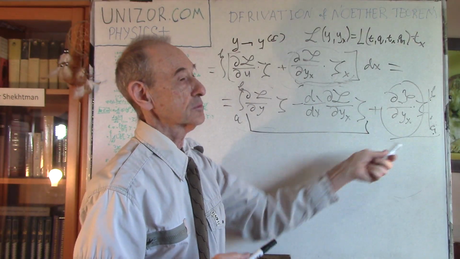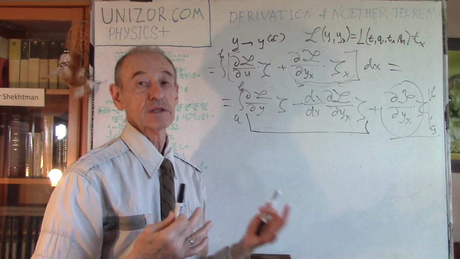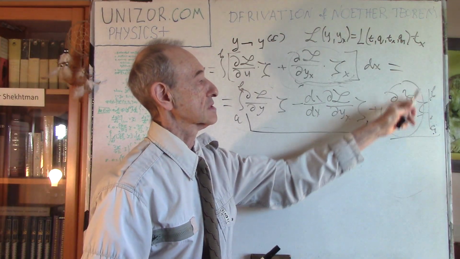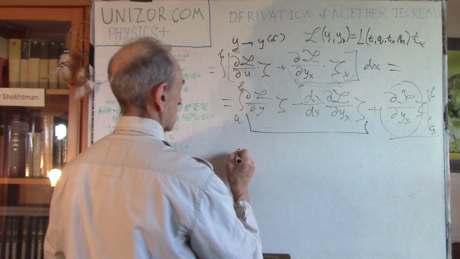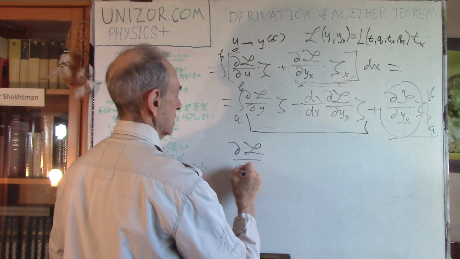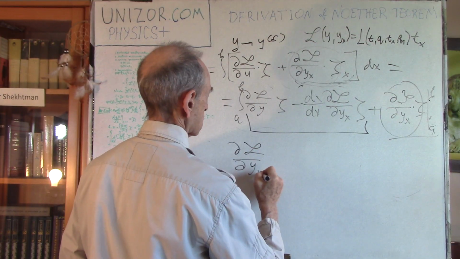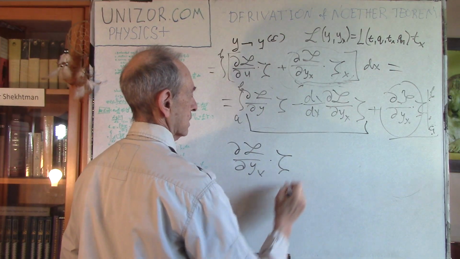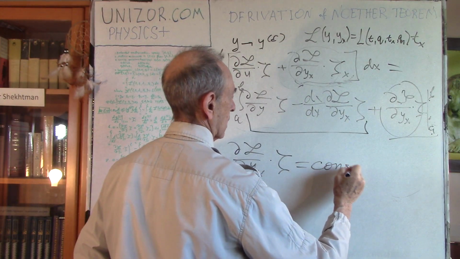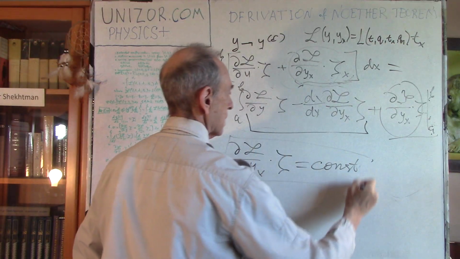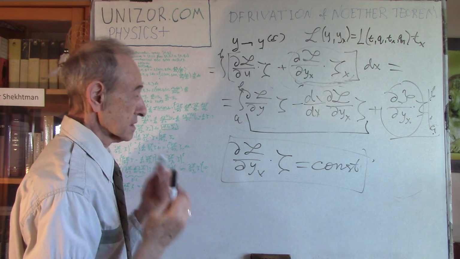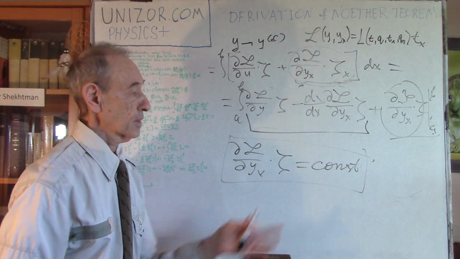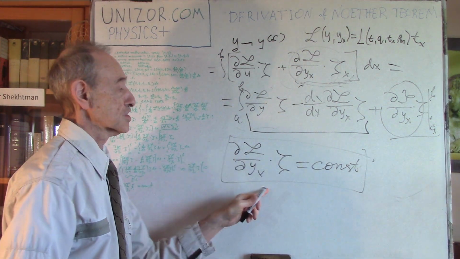So A and B can be any points on any physical trajectory, and the difference of value will be 0, which means that the whole thing, dl by dyx times zeta, is constant. And this is the main result of Emmy Noether. This is the Noether theorem.